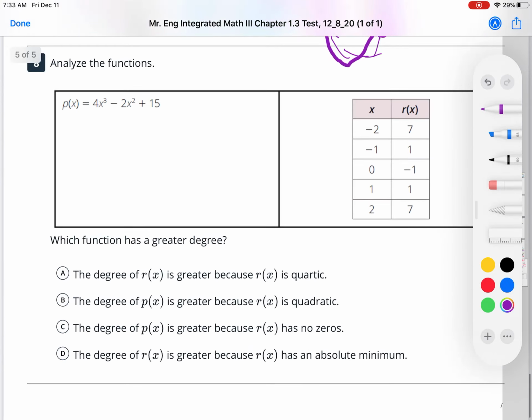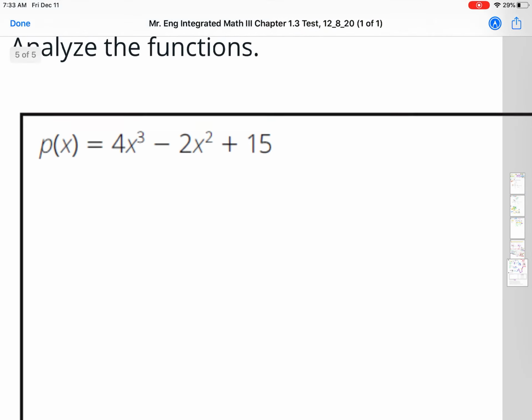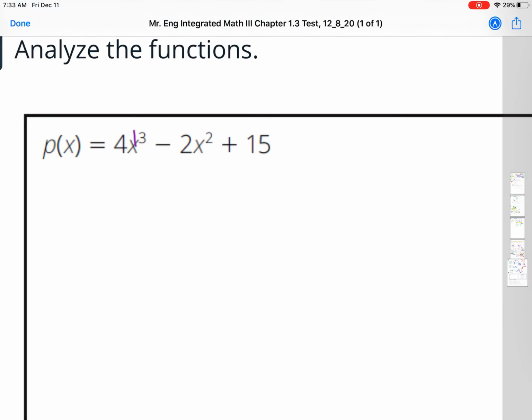All right, number 8, analyze the functions. In the functions, which function has a greater degree? The degree is you're looking for the highest exponent. So this is my degree.